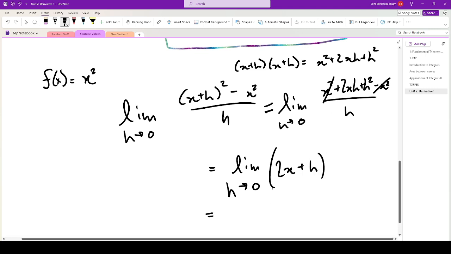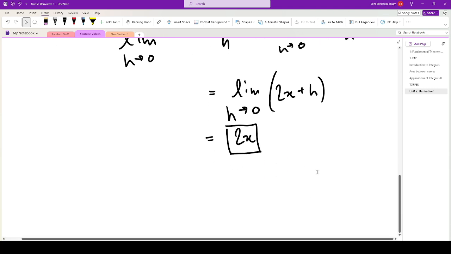Taking the limit, there is no h term in 2x, so that remains unchanged, and the limit as h approaches 0 of h is just going to be 0. So in other words, the derivative of x squared is going to be 2x, okay?